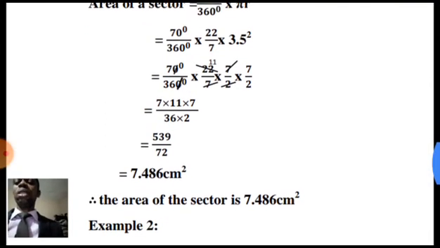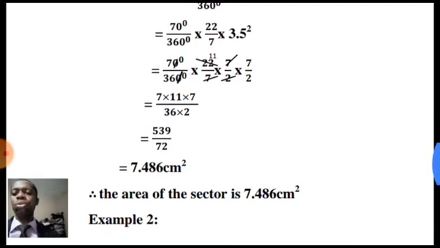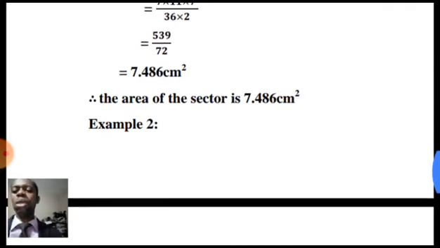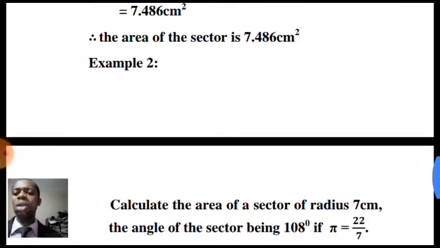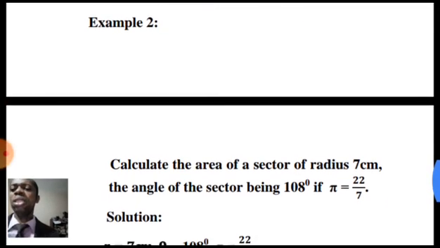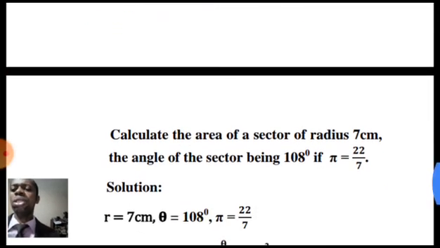Now let's look at example 2. Example 2 says, calculate the area of a sector of radius 7 centimeter, the angle of the sector being 108 degrees, if pi is 22 over 7. Now solution. Our radius is 7 centimeter, theta is 108 degrees, pi is 22 over 7.